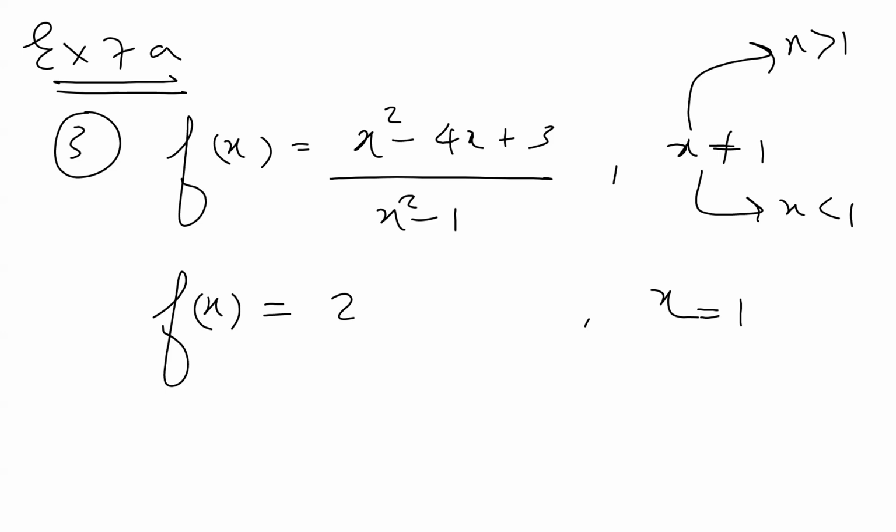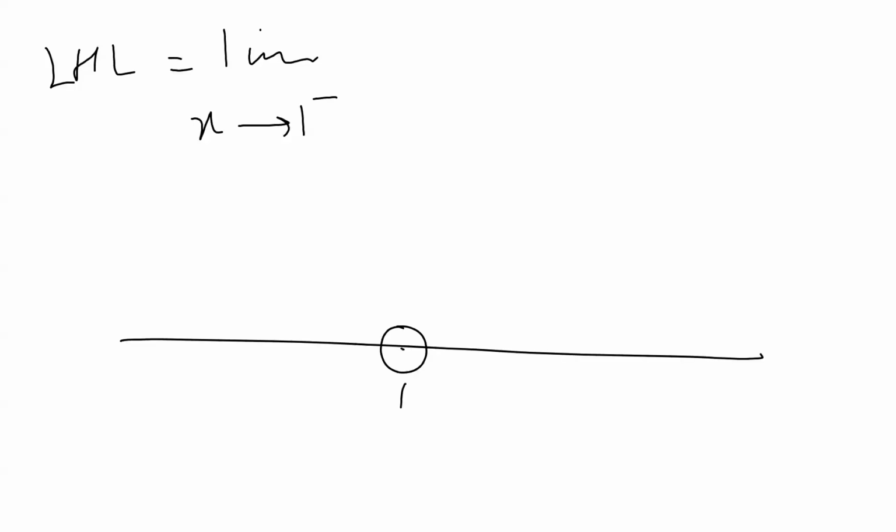So let's take the left hand side limit, x approaching towards 1 minus. 1 is over here, and x is approaching 1 from the left hand side. 1 minus, because a very small value h will be subtracted from 1 such that it is not equal to 1 but very near to 1 from the left.